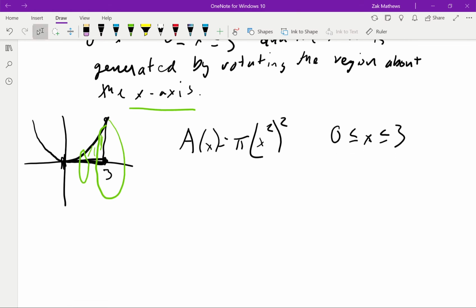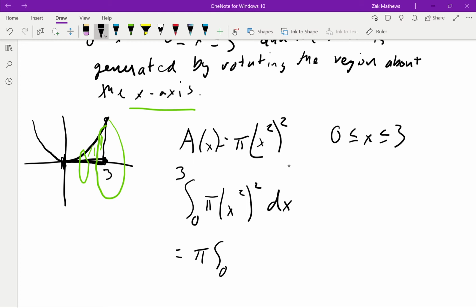And so let's set it up in the formula. So we have the integration from 0 to 3, pi x squared squared, and then the height. Well, the height is dependent on how far along the x-axis we are, so that would be the dx. First thing I'm going to do is pull out the pi, and then we have x squared squared, which is x to the 4th, dx.